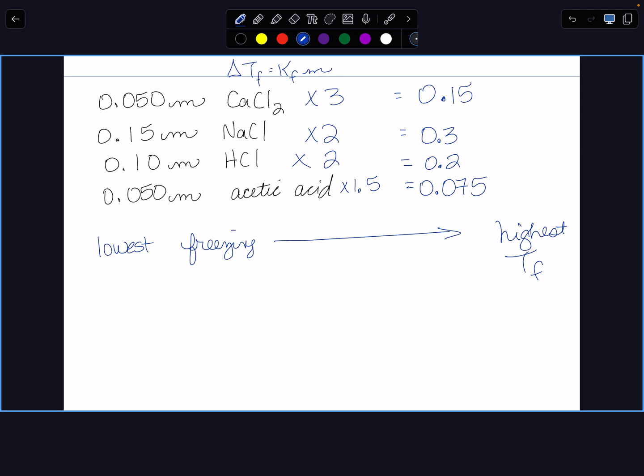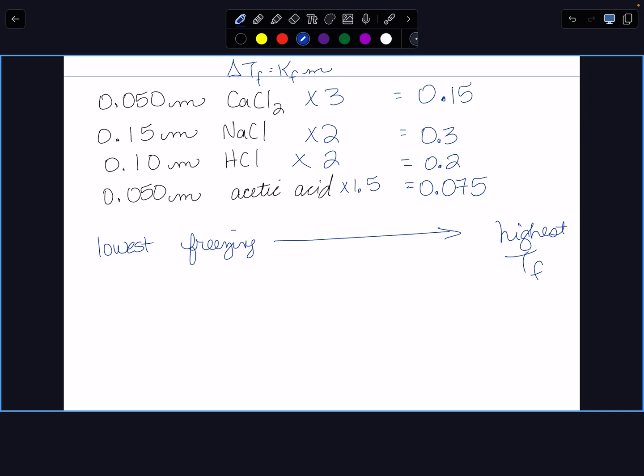Each of these has a kind of different Van 't Hoff. But all of these have the same KF because they're all in water. I think I remember that the KF for water was 1.86 earlier, wasn't it? So the KF's not changing. So do you see that the one that's going to freeze at the lowest temperature is going to be the one of these that this multiplication ended up being the highest number? That's going to be the lowest temperature.